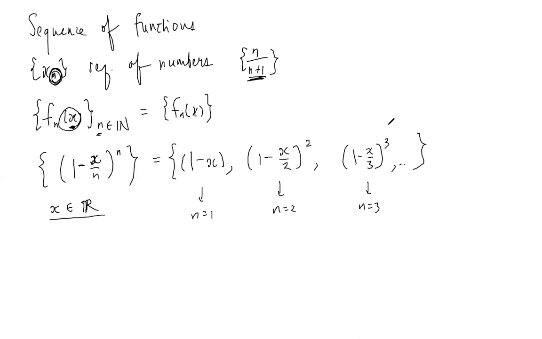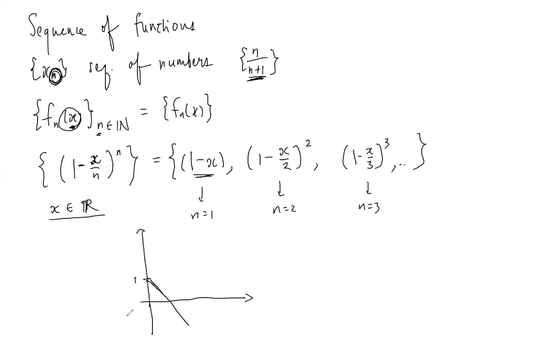If you refer to Figure 3.6.1, you can see the graphs there. I have a few graphs there. This is a linear function, intersecting at 1, and it goes down like this.